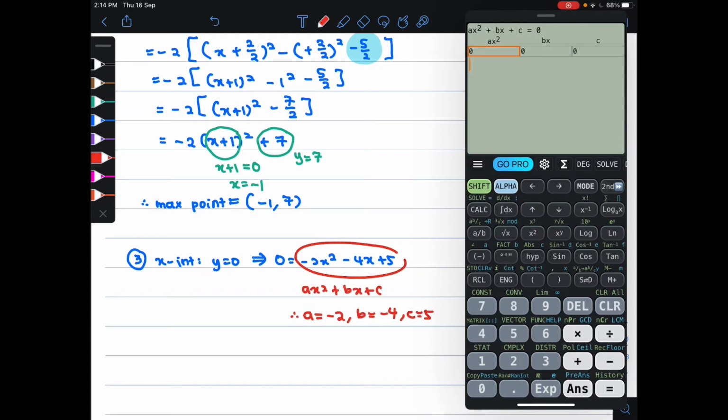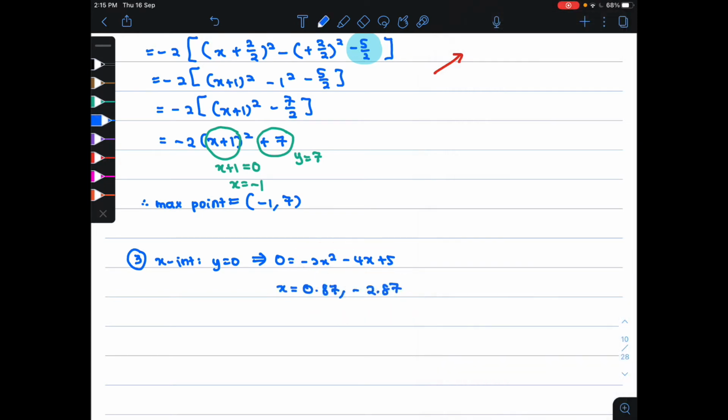So, when you compare -2x square minus 4x plus 5 with ax square plus bx plus c, a is -2, b is -4, c is equal to 5. So, kamu substitute ke dalam kalkulator. So, a is -2 equal sign, b is -4 equal sign, and c is +5 equal sign. Dan kamu akan dapat nilai x kamu 0.87 dengan -2.87.